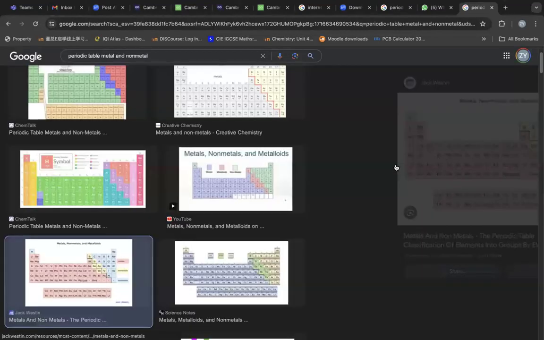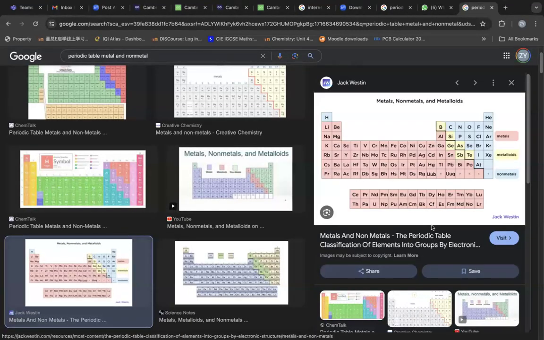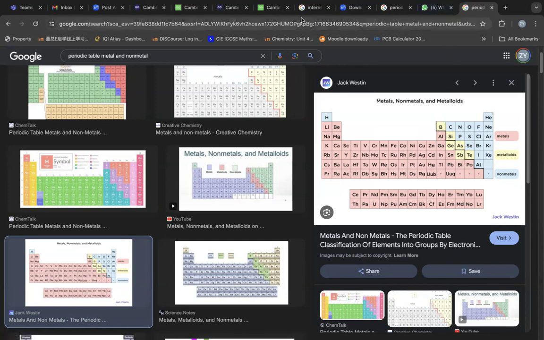I think this one is quite good, a very good summary of the highlights for you. So what I remember is the yellow line, the divider, which is a mixture of both, and then the rest are metal and non-metal. Understand? All right, so we will move on.